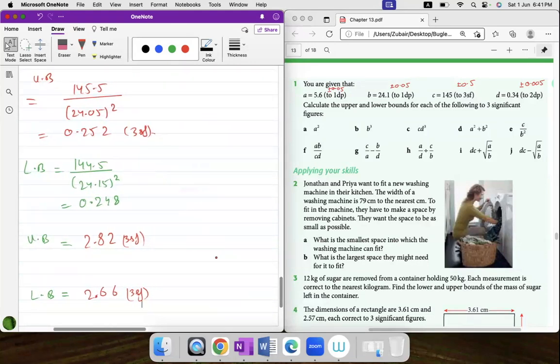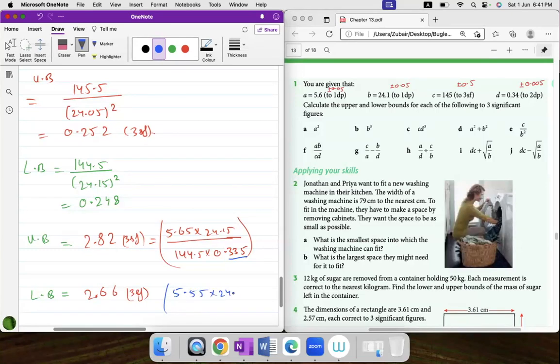And then for your C and D, you multiplied 144.5 into 0.3455, 0.335. I think that's where I messed up in the last value. And for the lower bound, 5.55 into 24.05 divided by 145.5 into 0.345. These were the values for lower bound.